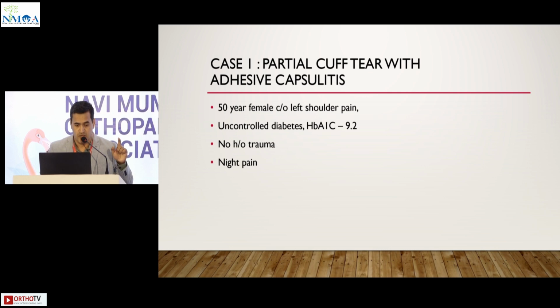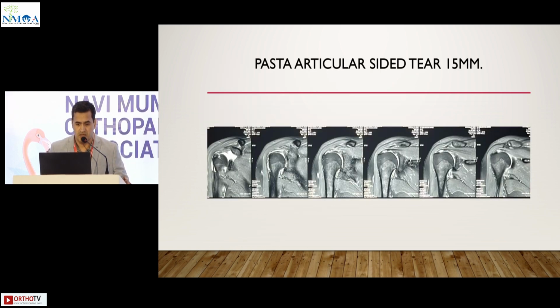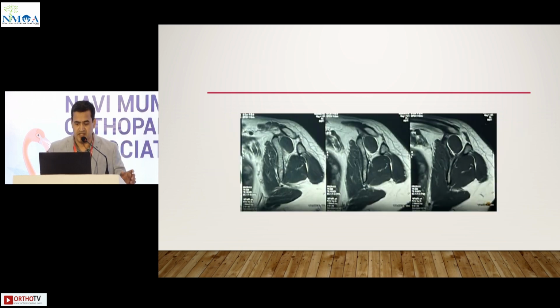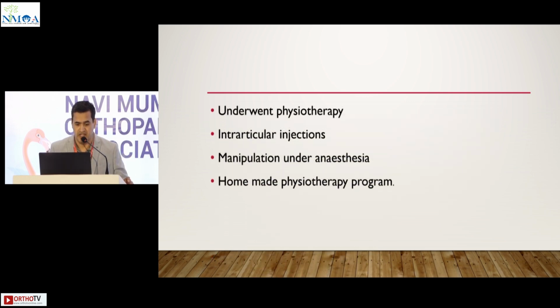Again, a point to note, these are non-traumatic tears presented with stiffness and weakness, a combination of the two. Here again there is a partial articular-side tear, a PASTA tear, and somebody advised surgery. These are the typical patients who have a very high chance of responding to the conservative line of management.